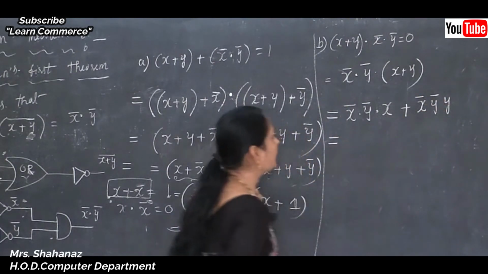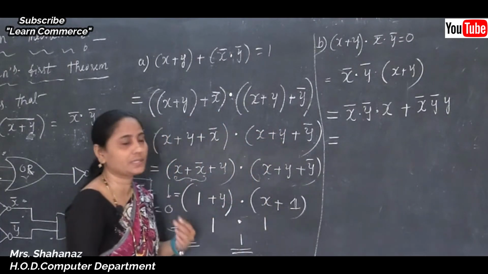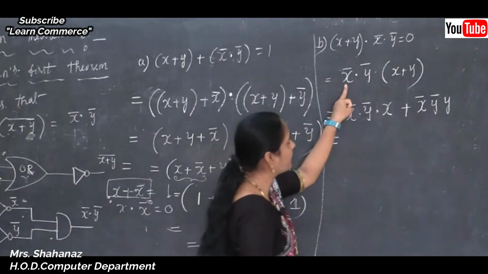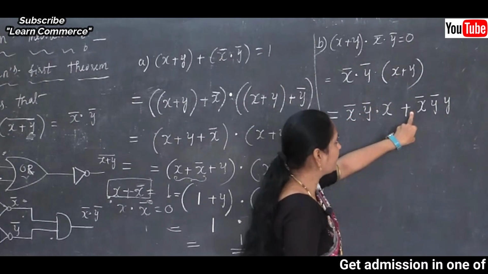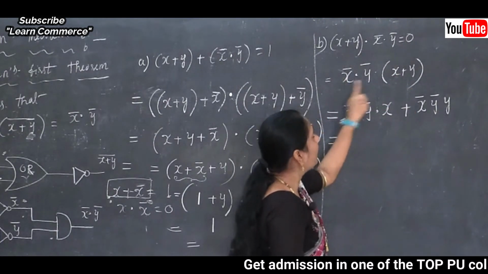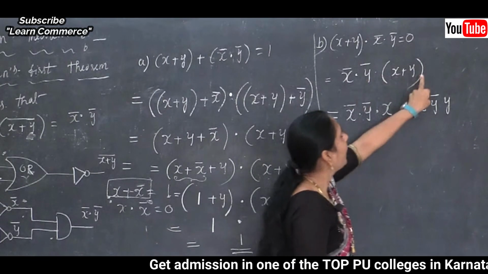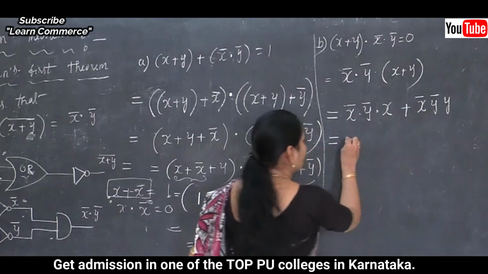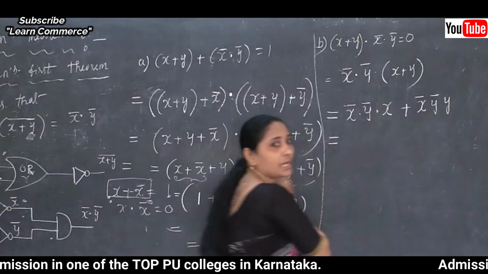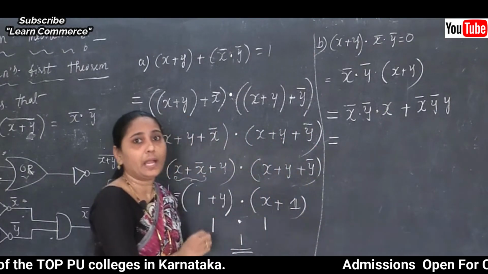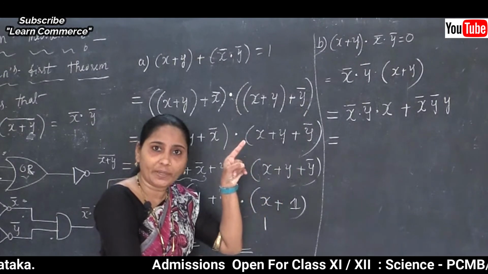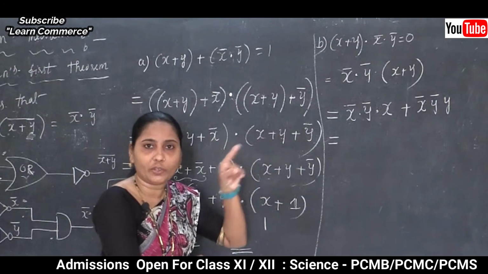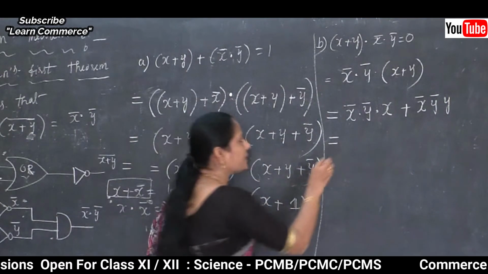Clear this line, how I completed this line here. So complement x and complement y and x plus, as it is, complement of x and complement of y and y. And the next one, we know some rules: if you take x and complement of x, by the complementary law the value is equal to 0.